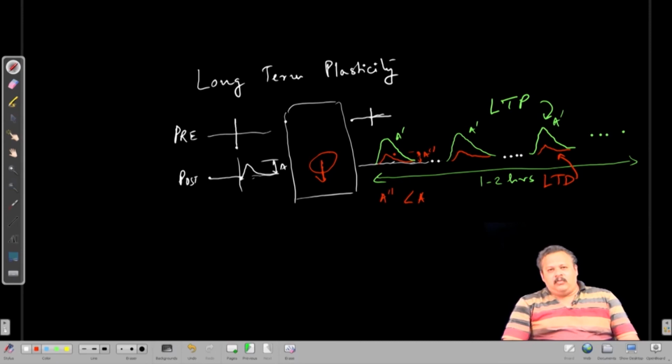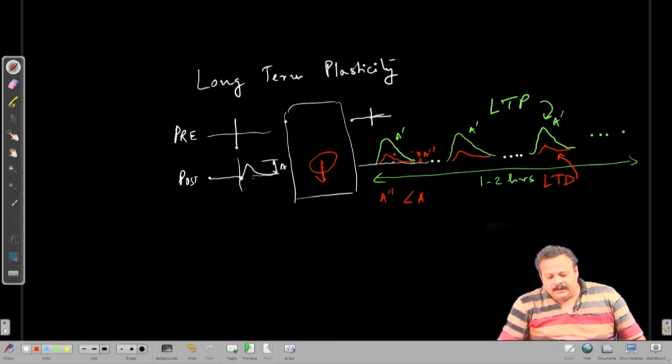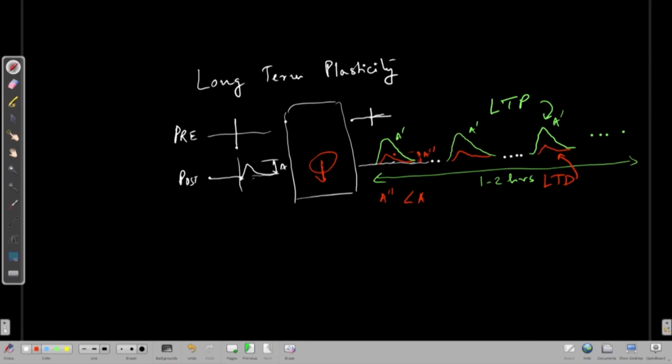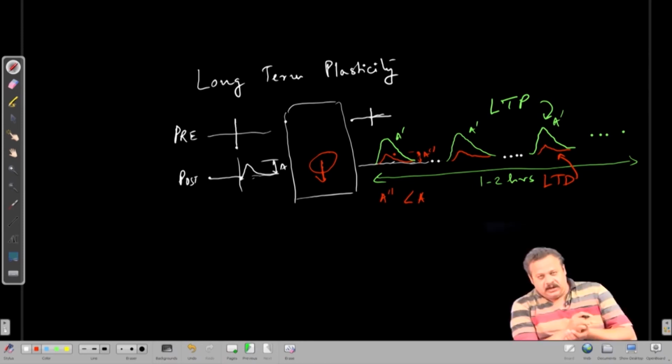So, these are more permanent, longer term changes in synaptic strength. Essentially it is not just the duration that is important, it is the temporary nature versus the longer term nature, and more specifically the involvement of protein synthesis that shows that it is long term plasticity.